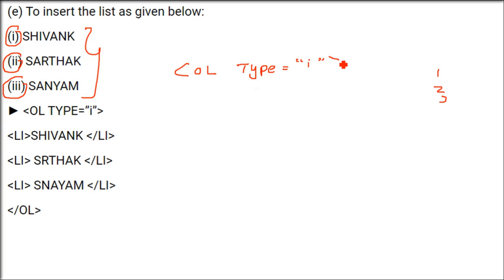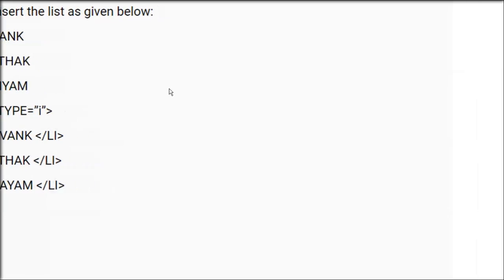For that you have to use type equal to small i. For capital you will use capital I, and it will be capital I, II, III in Romans. These are the 3 contents you have to give inside LI. OL is a container tag, so you have to end it also. LI is a container tag, you have to end it also.